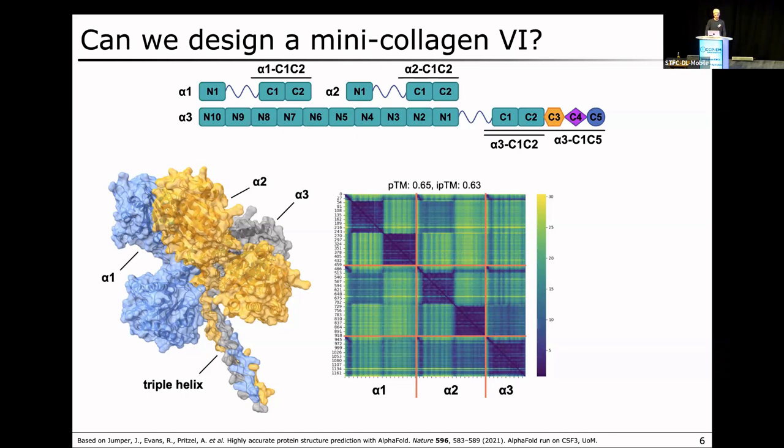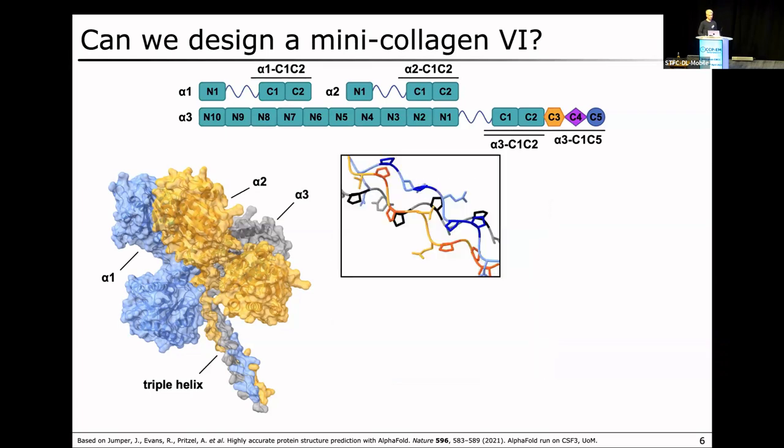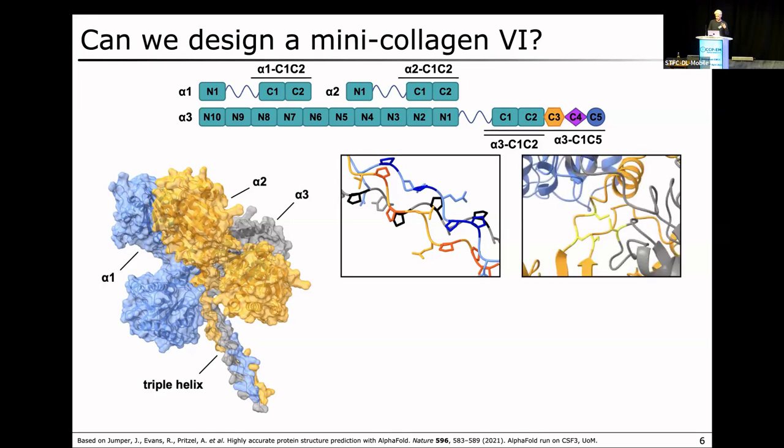And then we started looking at it and saw some interesting features. So you can see this triple helix here, which is quite characteristic for collagens, and you can see it's quite rich in prolines as well. And as we were going through the structure, we found this nice network of disulfides that's stabilizing loops and helices, both within the individual chains, but also across the chains.